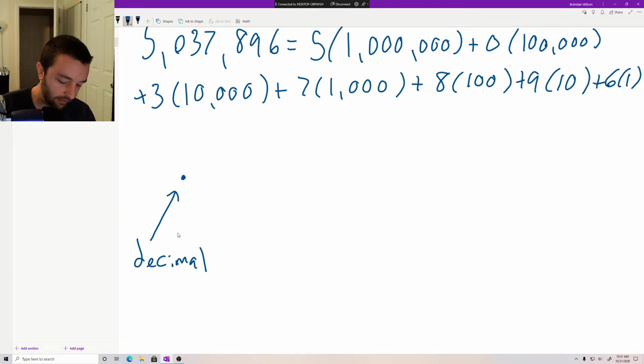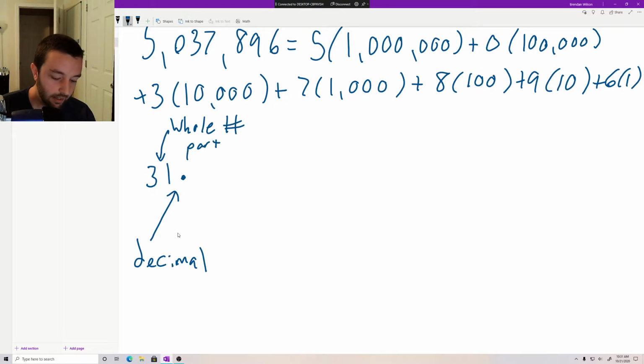Okay, so maybe we have 31 over here. This will be the whole number part. And then on the right of the decimal will be the, it's not a whole number. It's only part of a number.